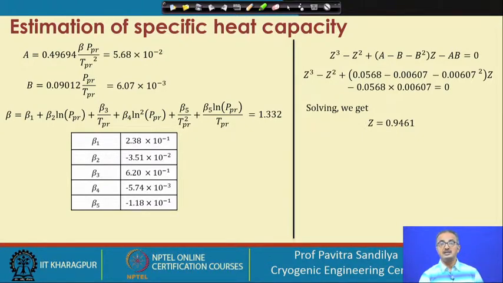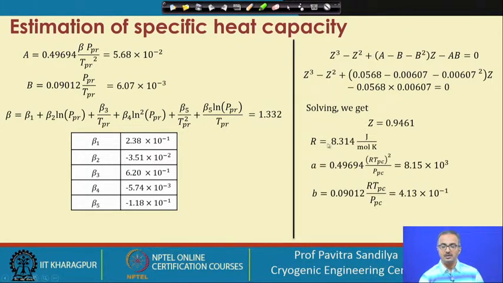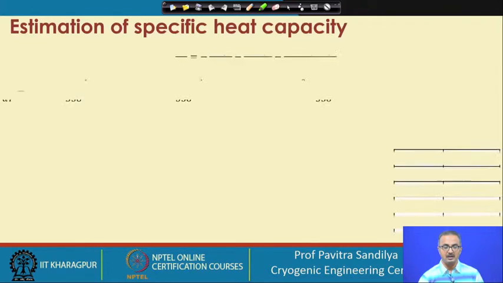Now, we take the maximum value of the Z for the vapor phase. So, this is how we are getting the value of Z as 0.9461 by plugging in the values of these A and B in this expression. And after this, we find this value of this small a and small b in terms of the pseudo critical pressure and temperature.